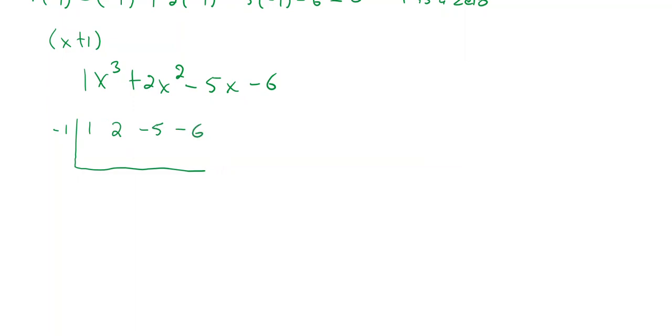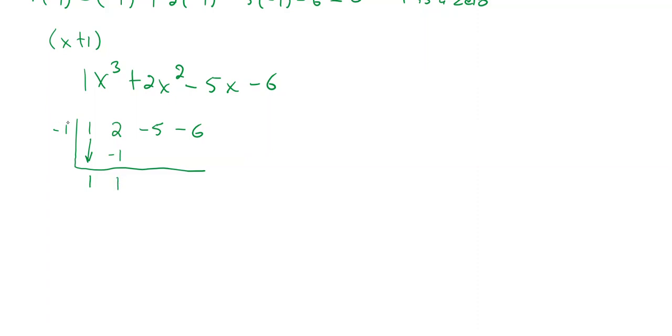Okay. Then what we do, we bring down our first term, so 1. And then it's going to be this one on the left, so -1 times 1, and then what that is goes here. So that would be -1. And then we add these. So 2 minus 1 is 1.